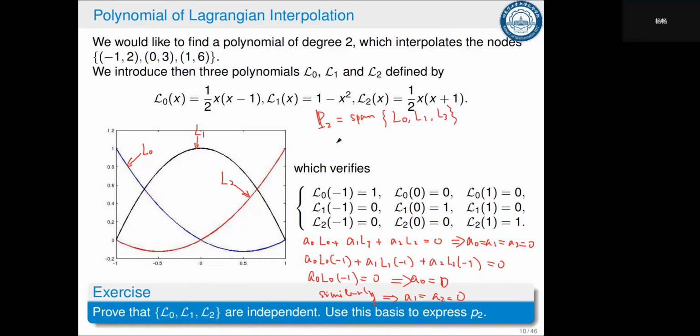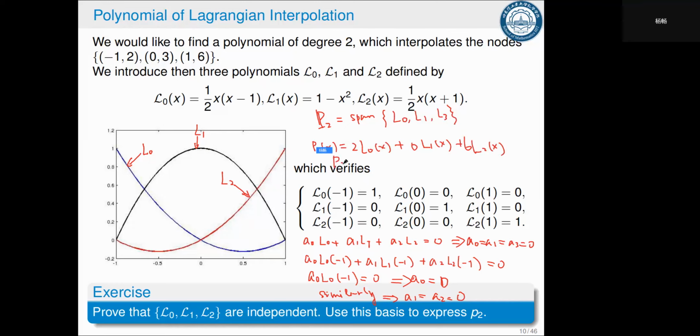Then the polynomial P2(x) we want to find is nothing but 2 times L0(x) plus 3 times L1(x) plus 6 times L2(x). It is easy to check that.